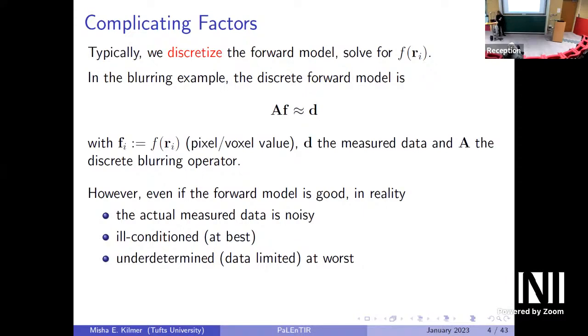And of course, even if the forward model is good, in reality, the actual measured data is noisy, so d has some noise in it. The noise is unknown. We know some things about it, but not much. In the best case, if this is a linear problem, it's a full rank but ill-conditioned matrix. And in the worst case, it's really underdetermined, very data limited. And that's going to be the case for some of the examples that I show you later on.